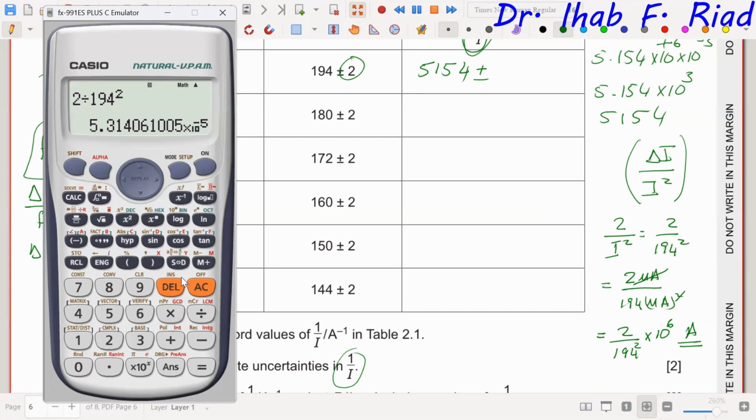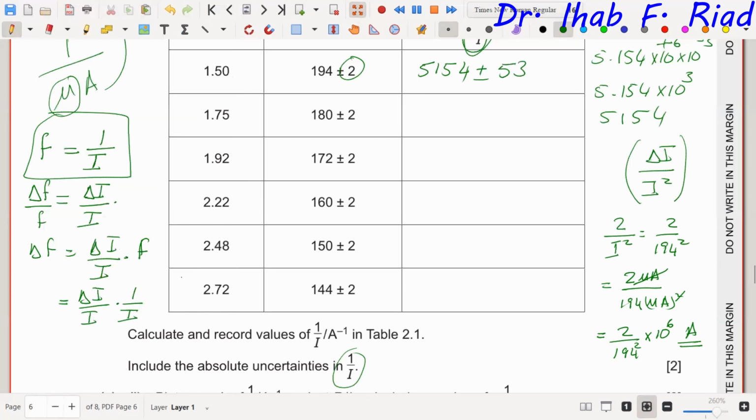So what are we going to get? 53. But typically, we keep it to only one significant figure. So how do we round this up? 50. Okay, good.